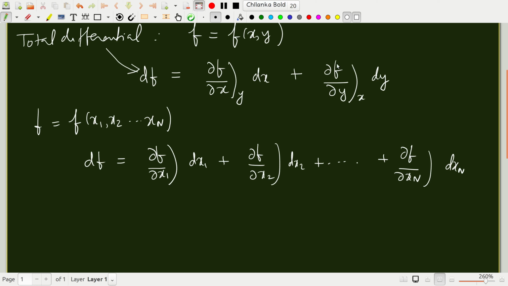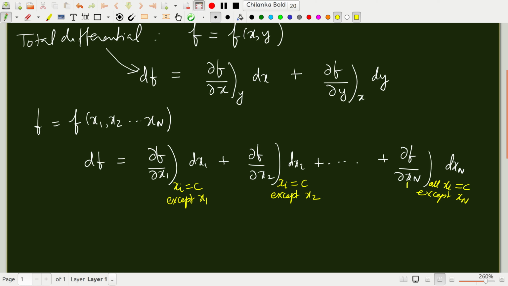The key thing about these partial differentials is what is kept constant. Here all the xi's except x1 are constants. Here all the xi's except x2 are constant, and so on. And here all the xi's except xn are constants. So this is the basic idea of total differential.